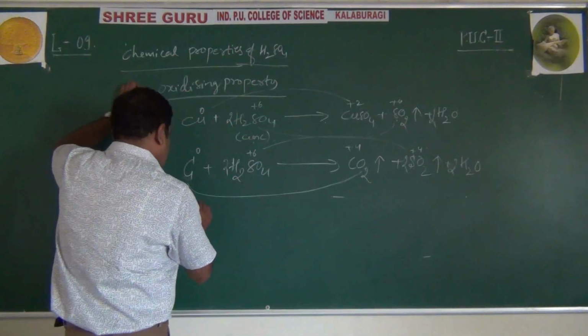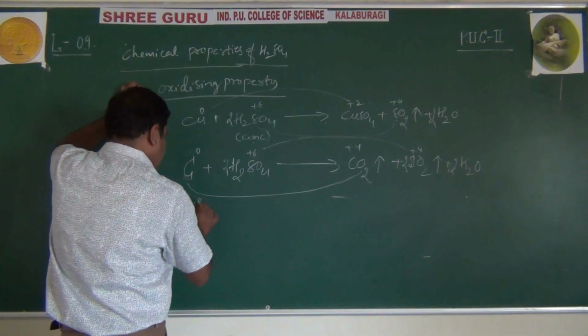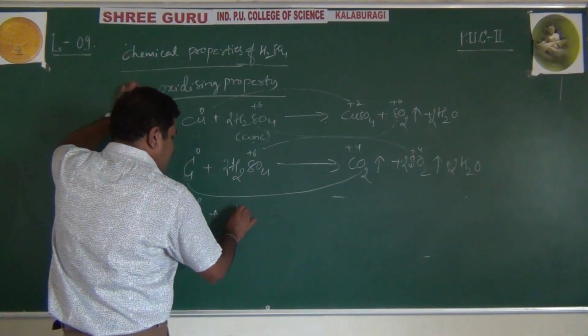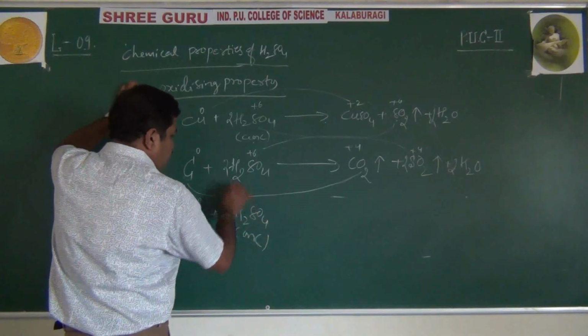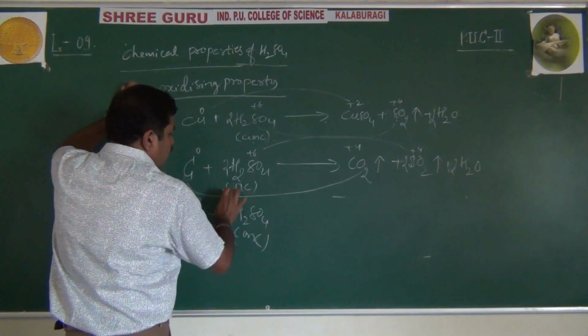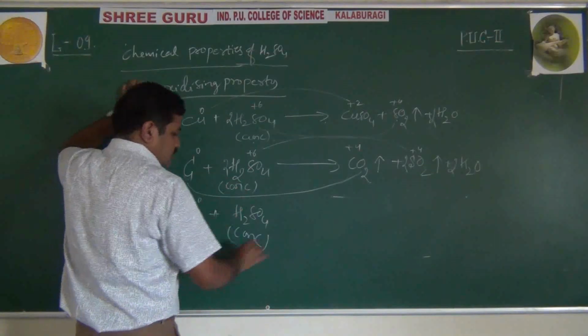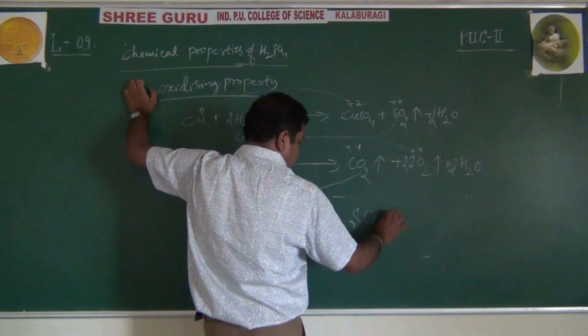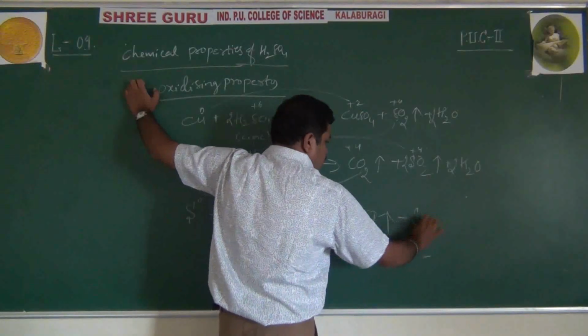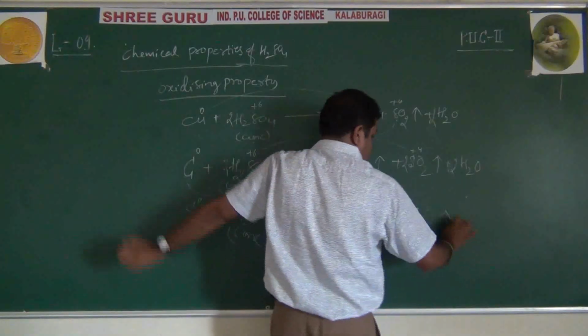Then very interestingly, sulfur in the elemental state reacts with concentrated H2SO4, not dilute. I am repeating, concentrated. Here also S is the oxidized product, and SO2 is also the reduced product, remember.